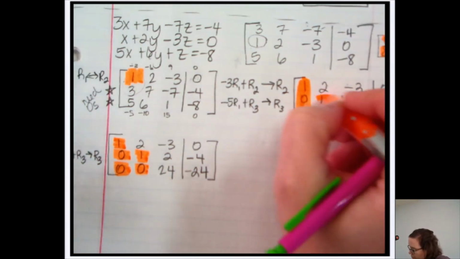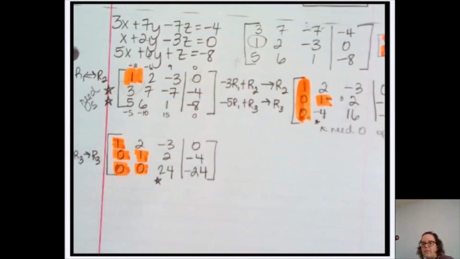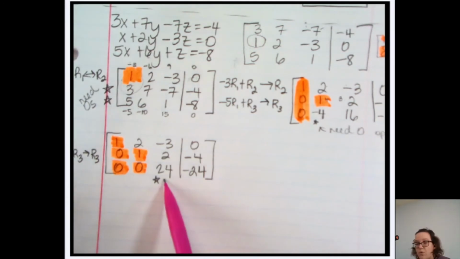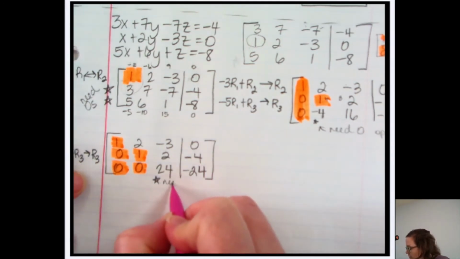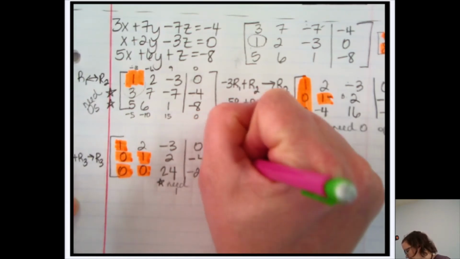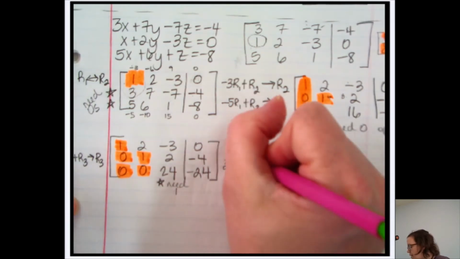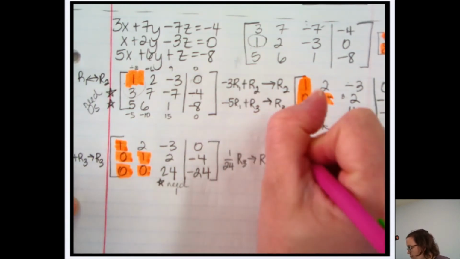Oops. So the last thing I need to do for my matrix, at least, is to get this to be a 1. And so we divide by 24 or multiply by 1/24. So a 1/24 of row 3, and I replace row 3.